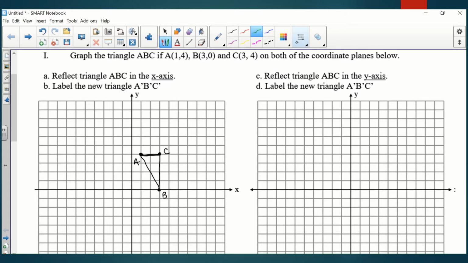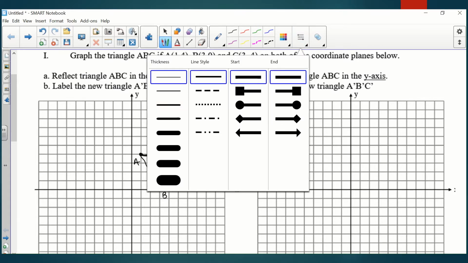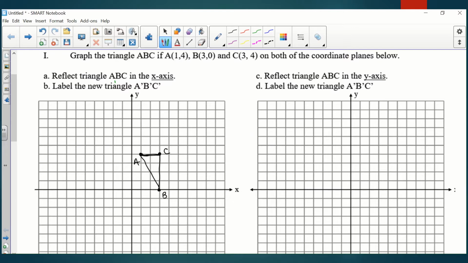Now we're going to graph triangle A prime, B prime, C prime, which is going to be a reflection of triangle ABC in the x-axis. So remember, when we reflect over the x-axis, we want to keep our x the same, but our y value negates.